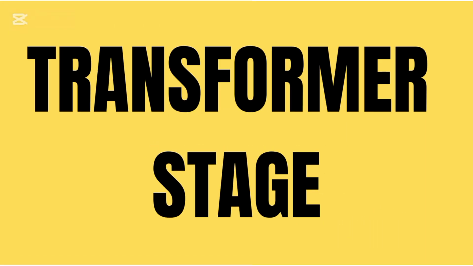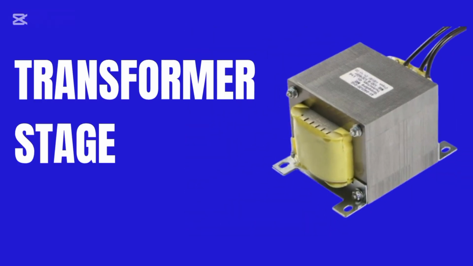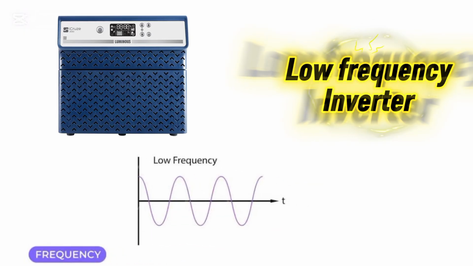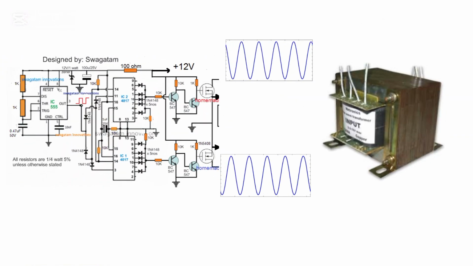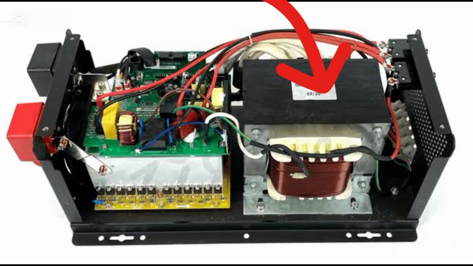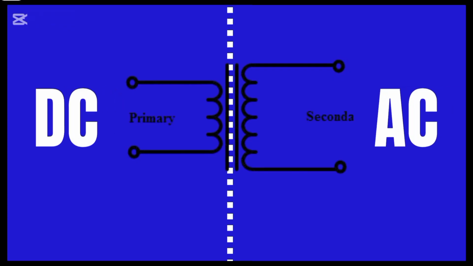Now that we have a powerful switched waveform, it's time to shape the voltage to match our needs. This is where the transformer stage comes in. In low-frequency inverters, those pulsing DC signals are sent straight into a large transformer. The transformer has two main jobs. First, it isolates the battery side from the AC output for safety.